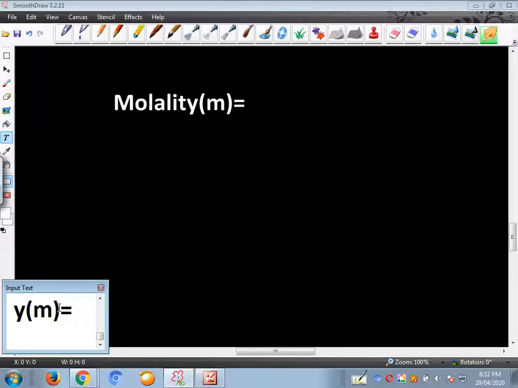The problem related to this, for example, is: 4.75 grams of solute MgCl2 is dissolved in 440 grams of water.